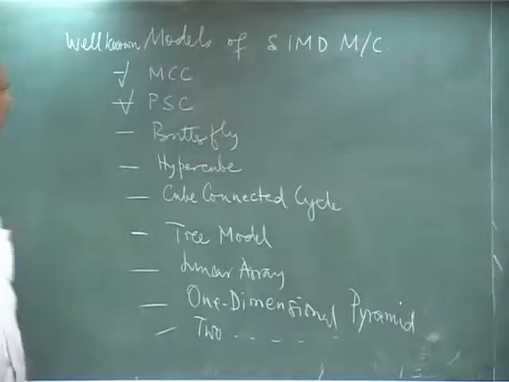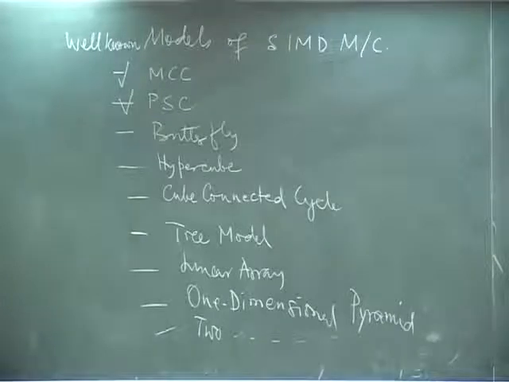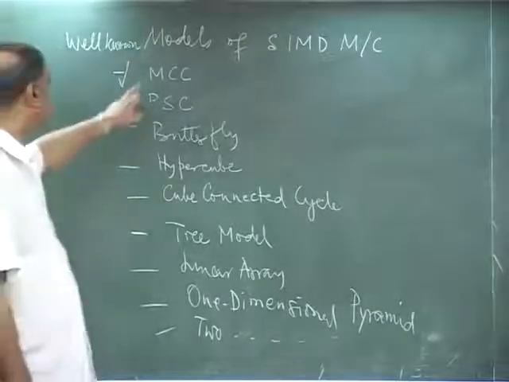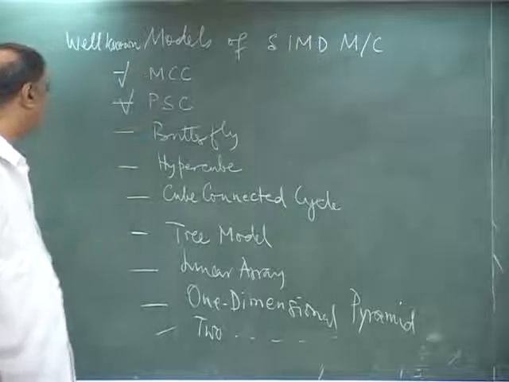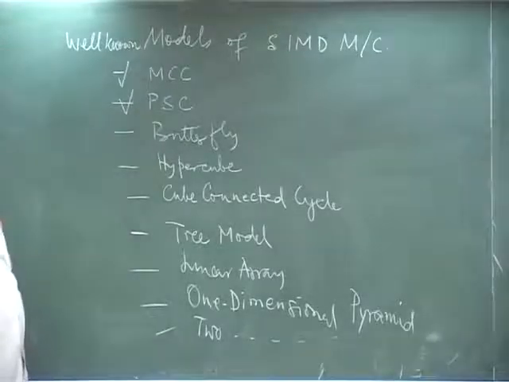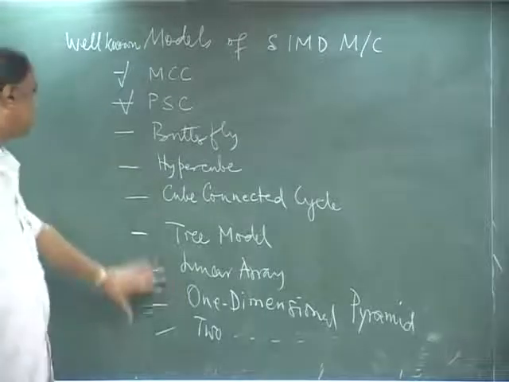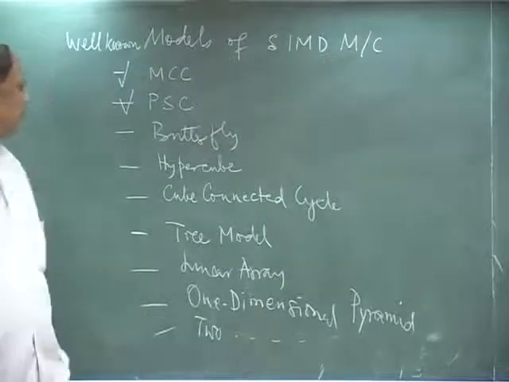So the models yet to be considered are models of SIMD machines. We have already discussed the mesh connected and perfect shuffle computers. These well-known models we will be discussing tomorrow. Thank you.